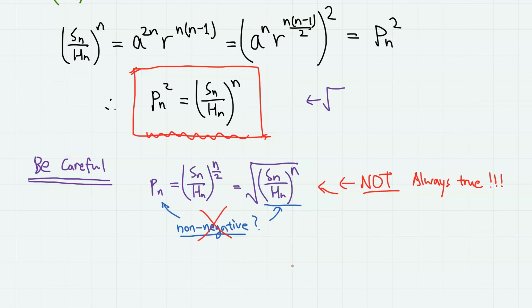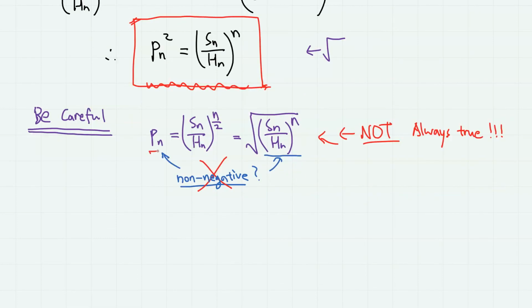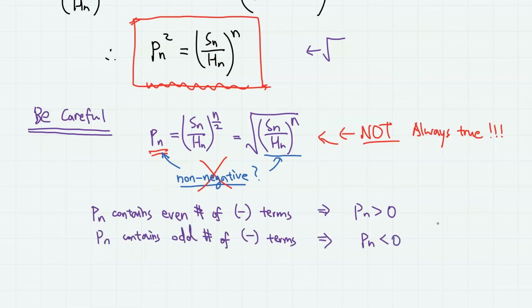But that might not always be the case. If you only take a look at Pn here, you can already see that Pn might not always be positive. More specifically, if Pn contains an even number of negative terms, then Pn is positive, and if Pn contains an odd number of negative terms, then Pn becomes negative. So remember that a squared equals b squared does not always mean a equals b.